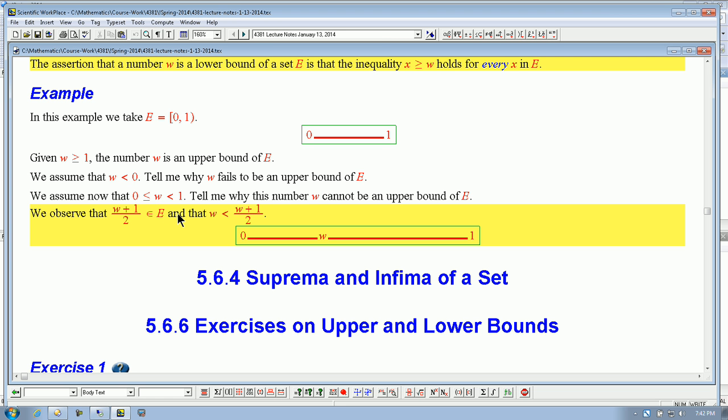For all I know, 0.9 could be smaller than W. I don't know anything about this number W. So you need to show, without knowing what W is, merely knowing that W was somewhere in that interval, that there exists some member of the interval that's bigger. And we show that there exists one by giving an example. This example certainly does the trick. There are lots of other ways of doing it.